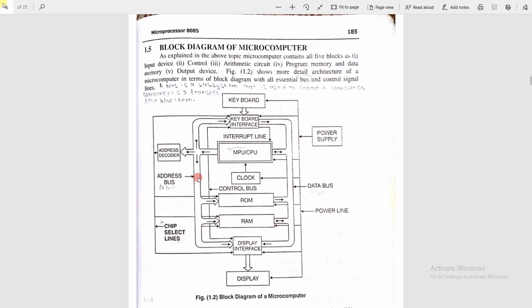It is used to carry the address of a particular location, and it is unidirectional. Can you see the arrows? It is shown in only one direction, not like this. This is bidirectional. Data bus is bidirectional. Address bus is unidirectional.